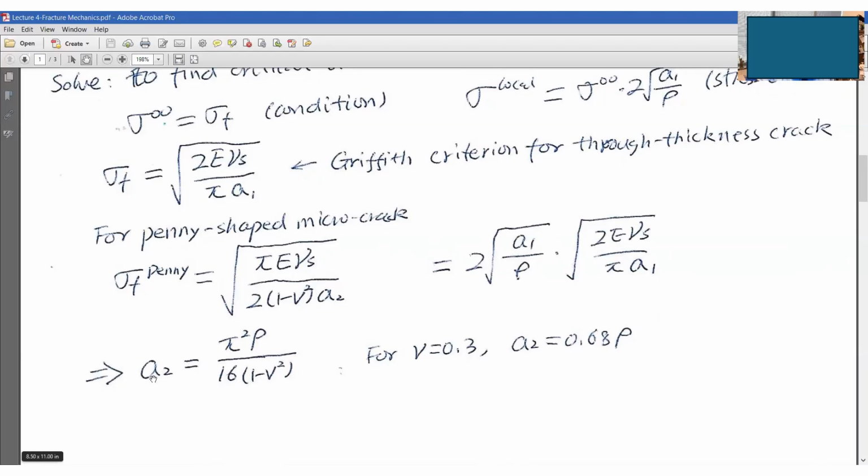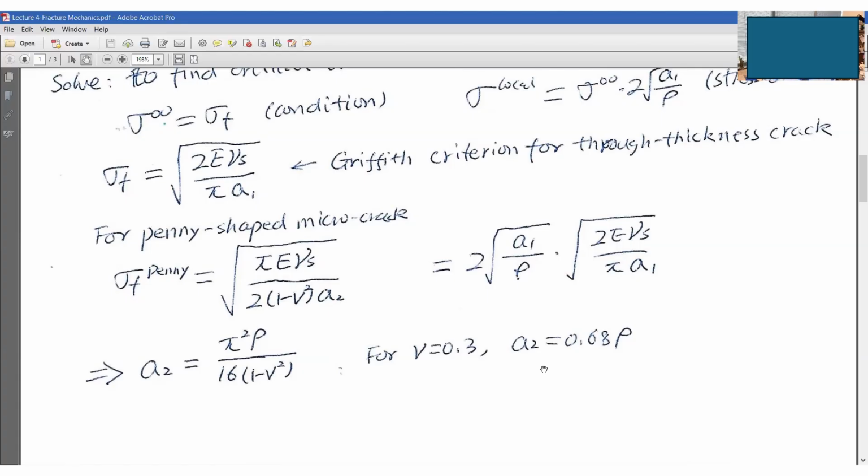We can write A2 in terms of pi, square root of rho, and Poisson's ratio, and for a given Poisson's ratio of 0.3, we can calculate A2. So this is how we solve this problem.